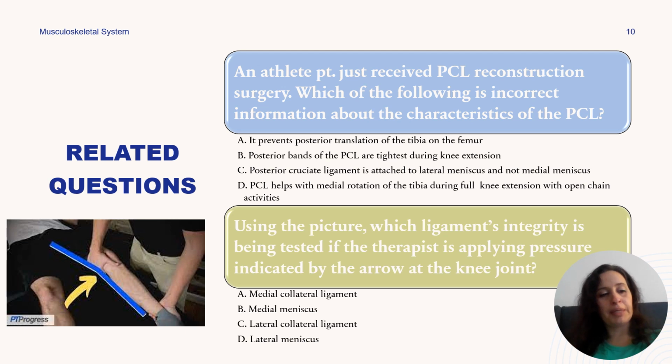C, PCL is attached to the lateral meniscus and not the medial meniscus. The ACL, no, that's true. PCL is attached to the lateral meniscus and not the medial meniscus. So yes, that's correct, okay.